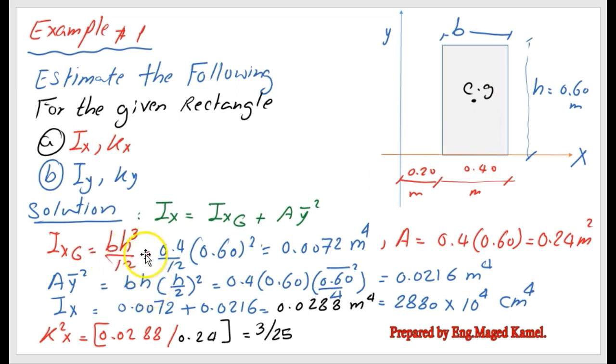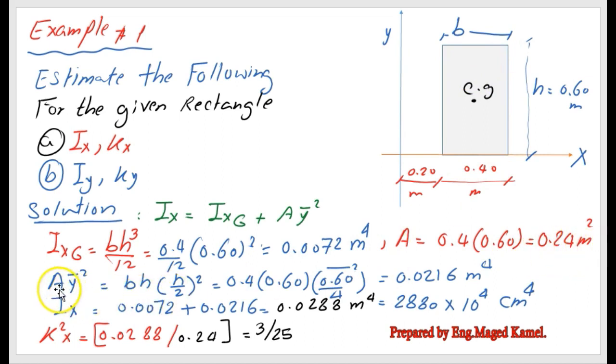First, our b h cubed over 12 will be equal to 0.4 multiplied by 0.6 raised to the power of 3 divided by 12, which will give us 0.0072 m to the power of 4. Our area is 0.4 by 0.6, which is 0.24 meter square.